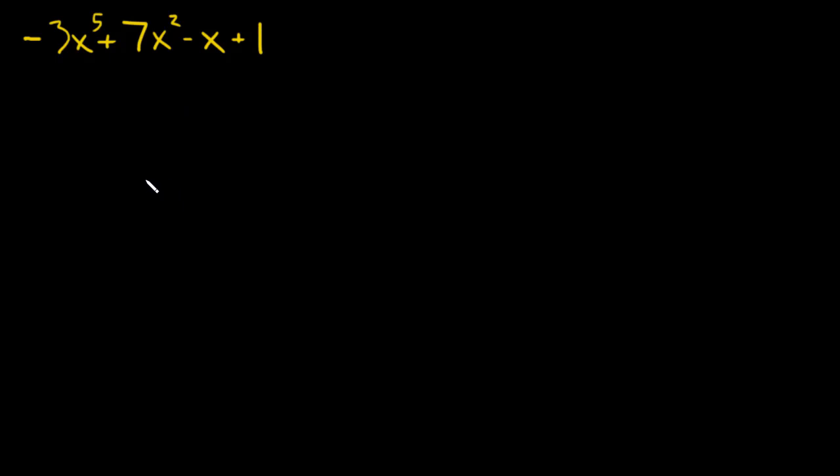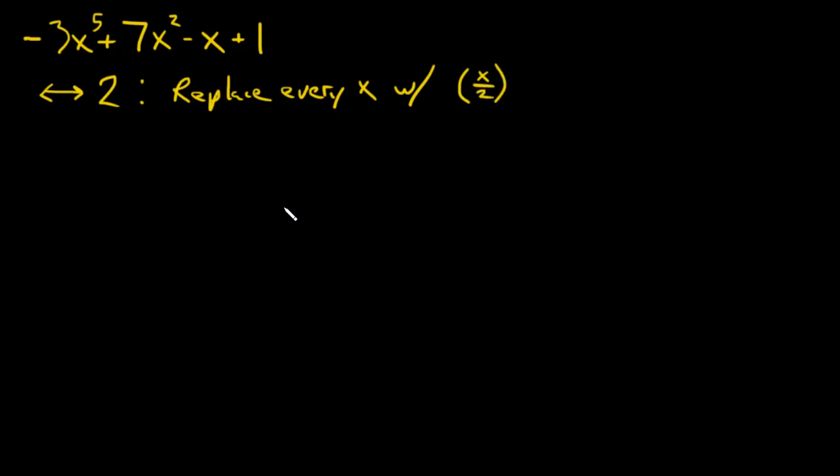Alrighty, so if I want to stretch it horizontally by a factor of 2, I'm going to replace every x in the original expression with what? Right, since I want to stretch it and it's horizontal, it's the opposite of what I would think, so I'm going to divide by that factor. So x divided by 2.